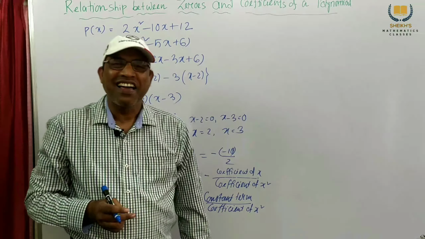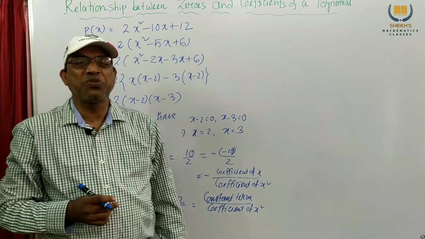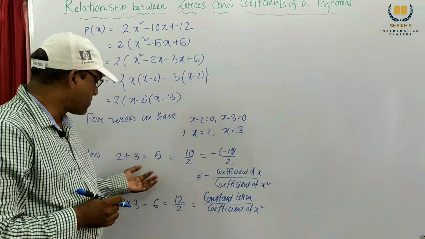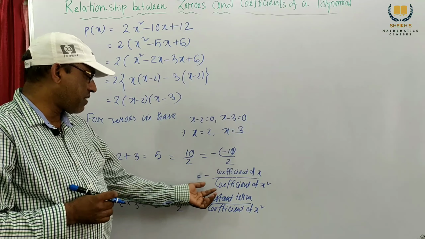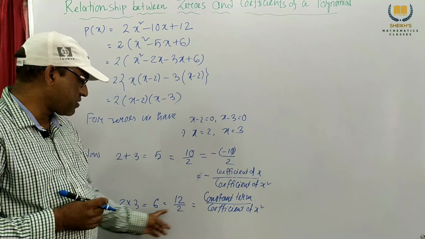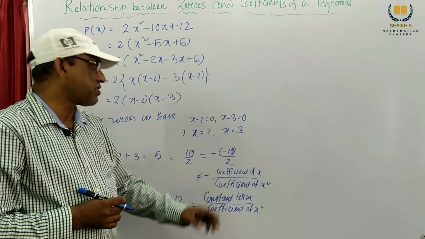So this is the relationship between zeros and coefficients: sum of the zeros equals minus coefficient of x by coefficient of x², and product of the zeros equals the constant term by coefficient of x².